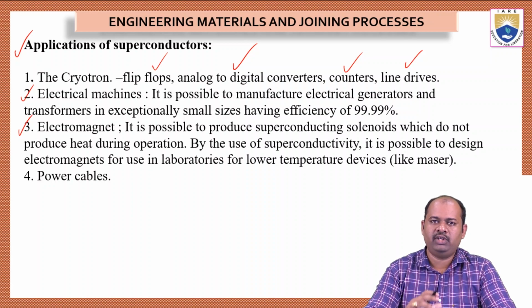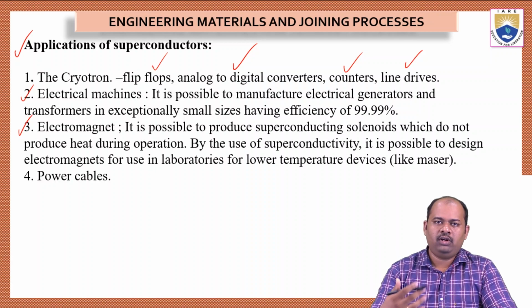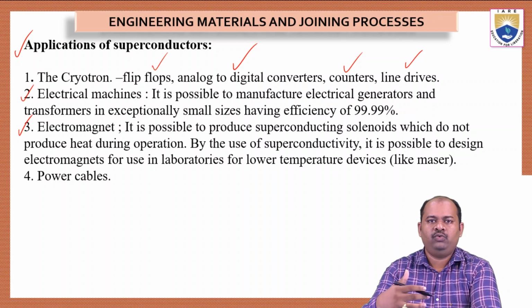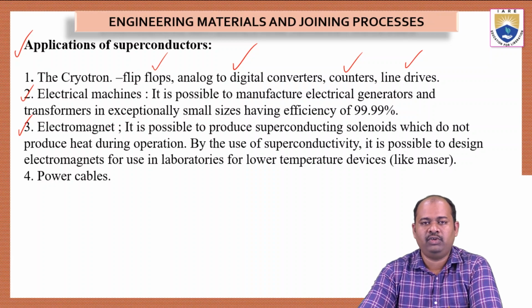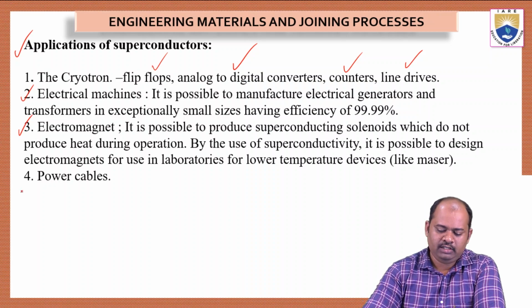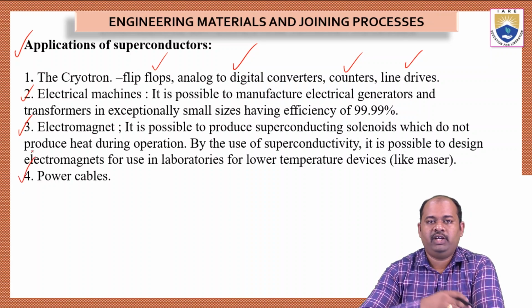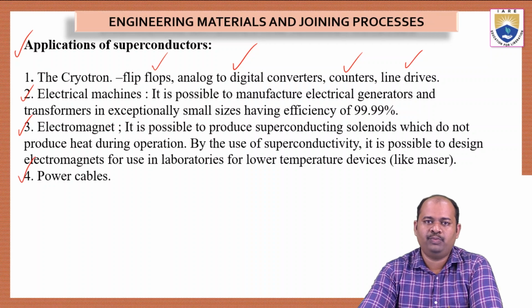Even though the resistance is very small, it will make the solenoid very hot. So in order to avoid this, we can use superconducting materials like cryotron for the preparation of the solenoid, so that we can make more effective magnetism. And then we can simply manufacture power cables with superconductors.